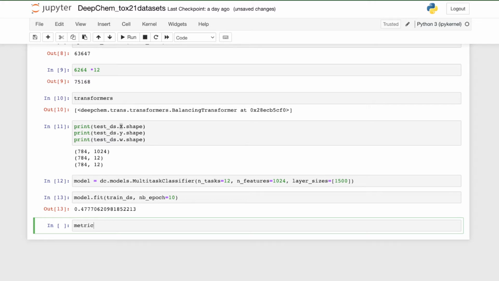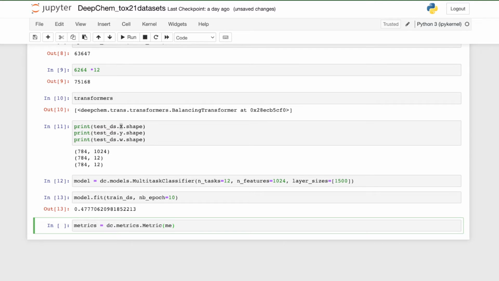Okay, so we can evaluate. DeepChem has a bunch of wrappers that can wrap around common metrics methods. One good method to use for this is the ROC AUC score. Dang, this is a difficult word for me to pronounce.